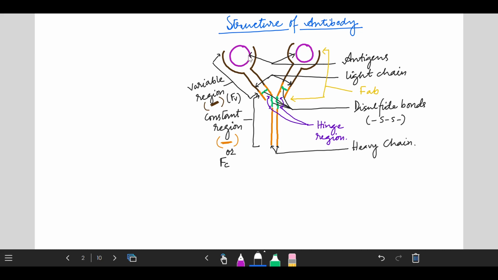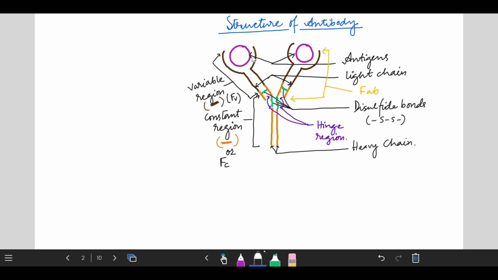You can see the violet parts are antigens, and these two are light chains, and the first one and the second one are heavy chains. And this region is known as the hinge region. You can see here these are the disulfide bonds, where two sulfur molecules bond to each other.